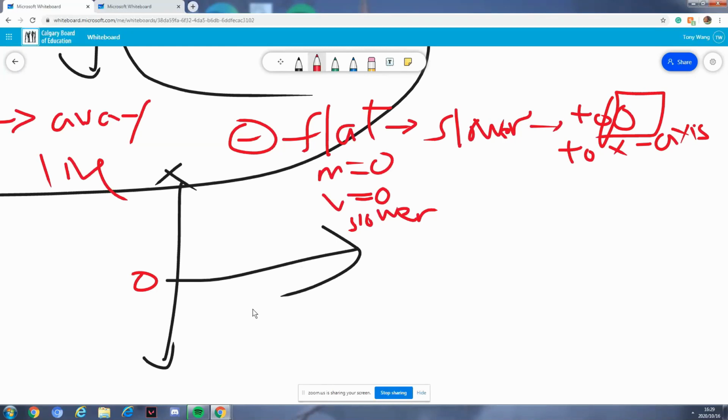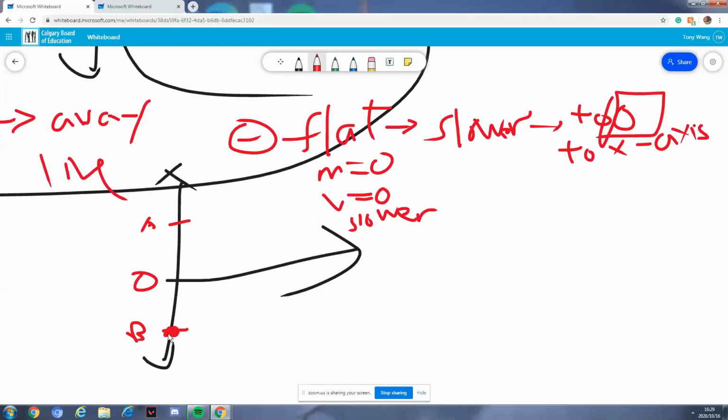It'll start from, let's say here and here. This is point A, this is point B. Where did it start? We start on point B. Right. So why does it start on point B?